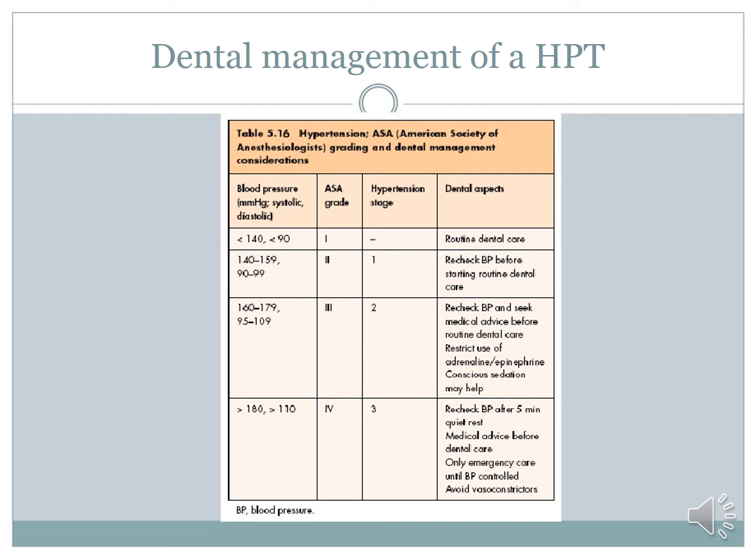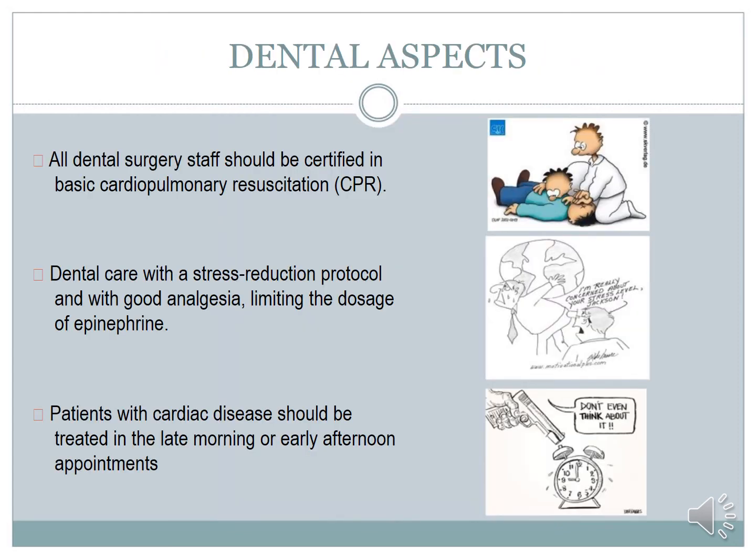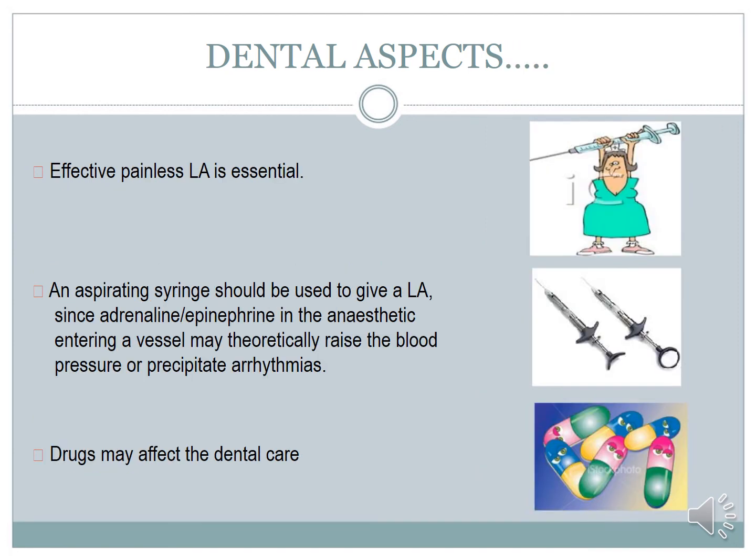So it is clear that with a blood pressure of systolic 160 and diastolic 95 or 100 and above, any form of dental procedure has to be avoided. The same basic protocol of stress reduction and scheduling of the appointment has to be followed for hypertension as well.